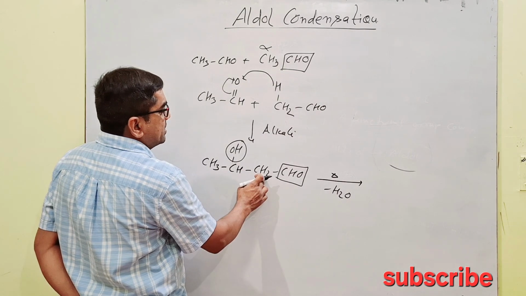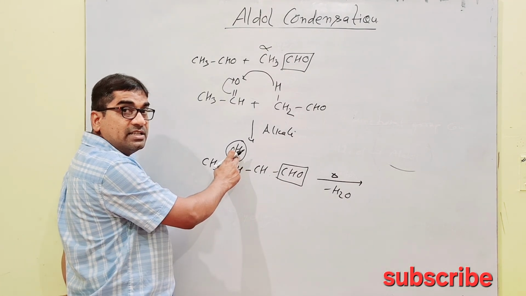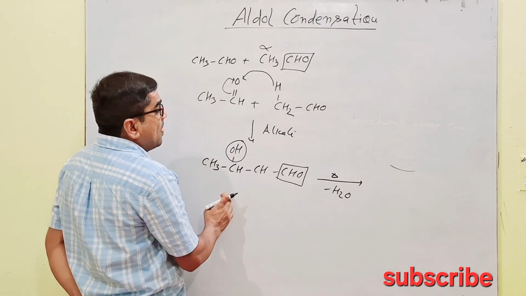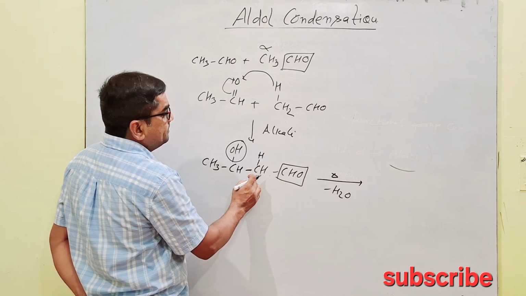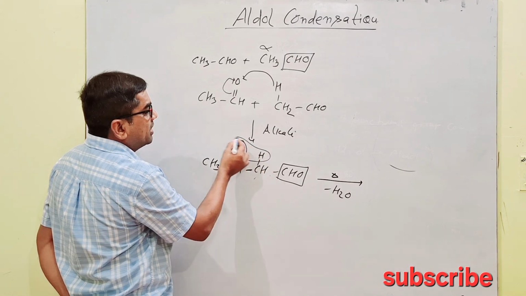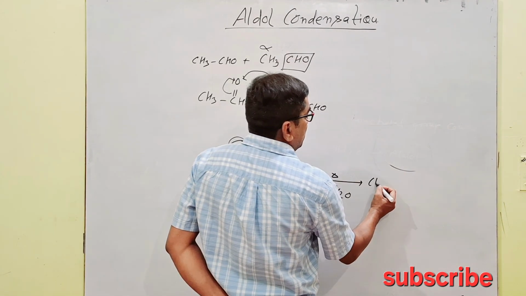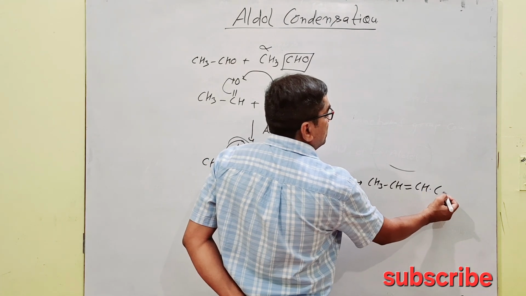Here OH, here CH2. As per Saytzeff rule, the hydrogen is eliminated from the adjacent carbon where the number of hydrogens is least. So elimination of water from here gives CH3CH=CHCHO.